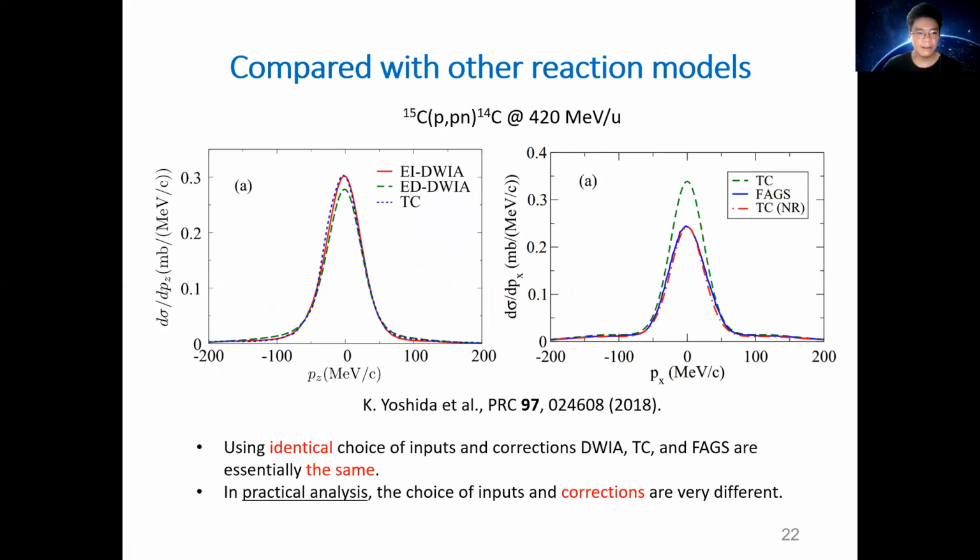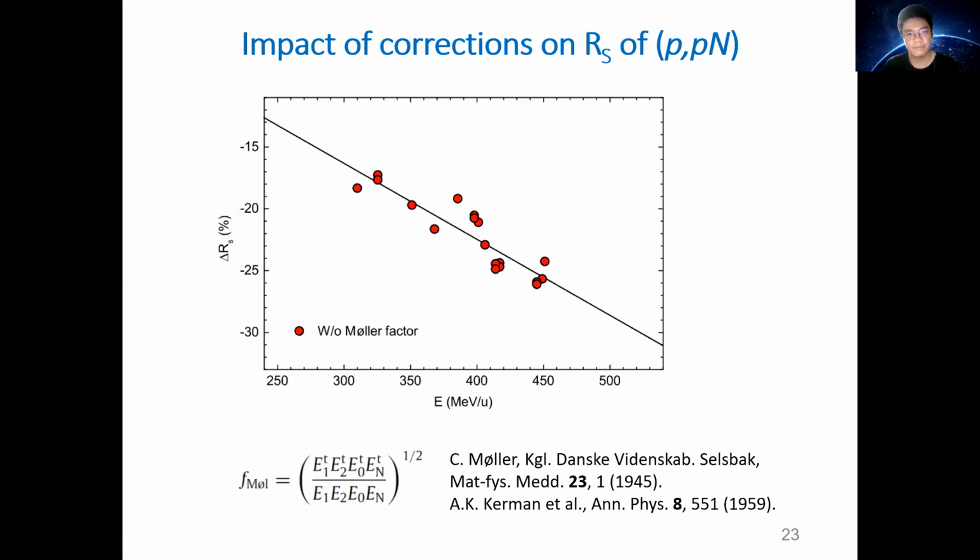What they found is that essentially if you use identical choices of input and corrections in DWIA, in the TC, and in the Faddeev, then the results should be the same. But because in practical analysis, there are several papers of us, and in each of our analyses we use slightly different choices of inputs and corrections, that will have some impact on the reduction factors.